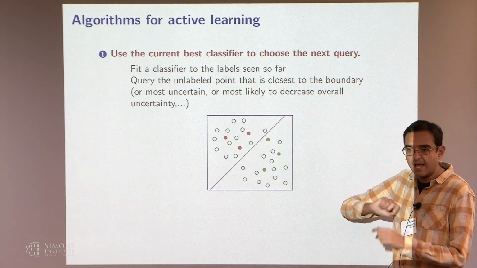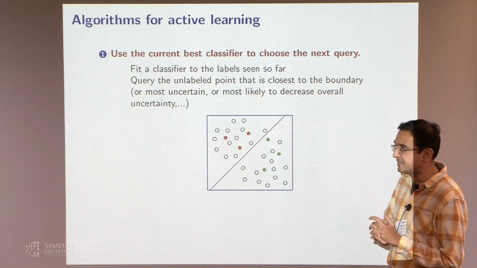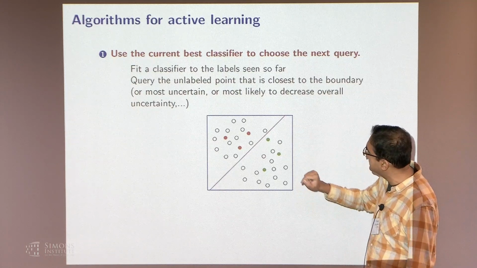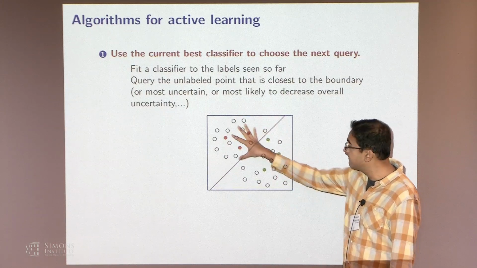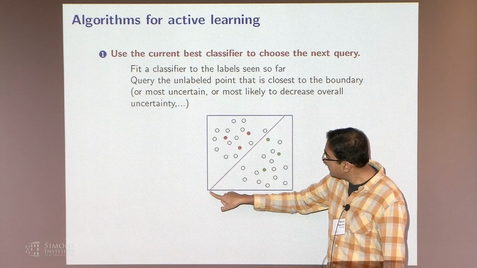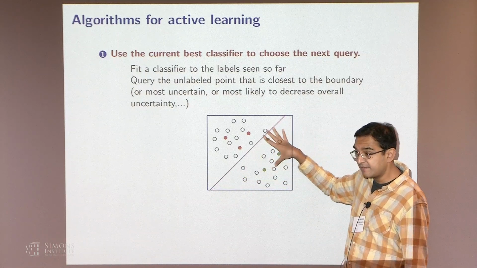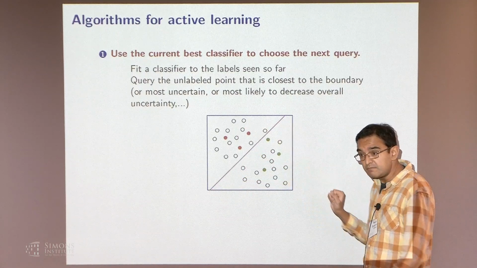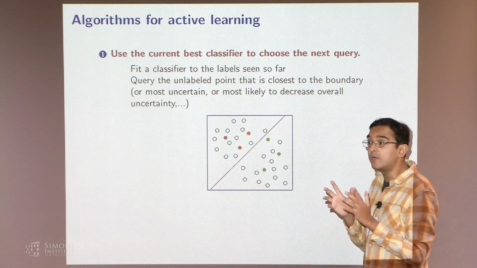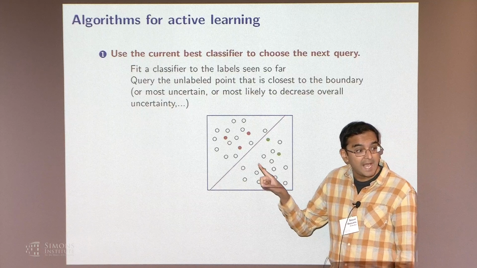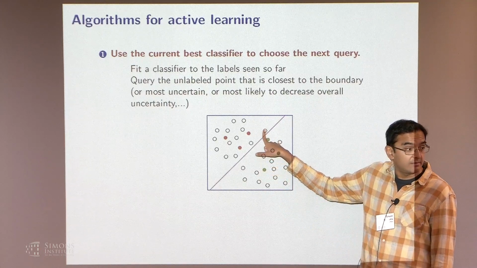There are active learning schemes for just about any class of interest. Let's say you're doing linear classifiers. You have a whole bunch of unlabeled points. You've seen a few labels so far. You fit a linear classifier to the points you've seen, and then you say, oh, you know what? The points near the boundary, those are the ones I'm uncertain about. Let me ask for the label of a point near the boundary.